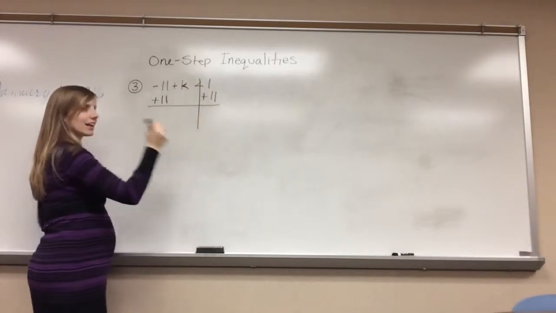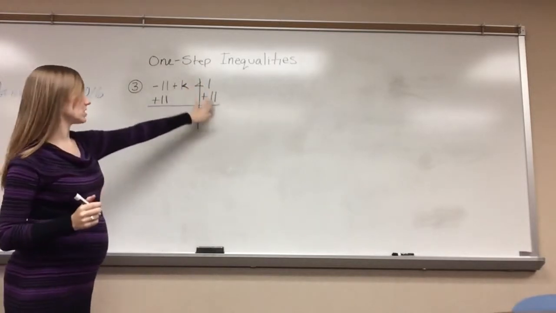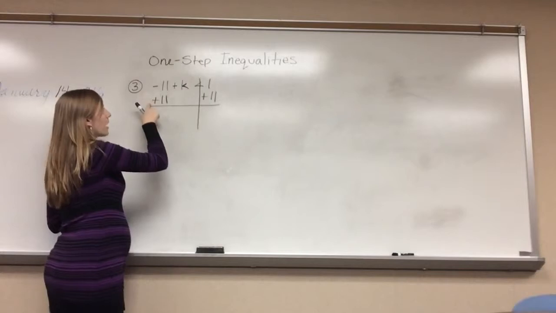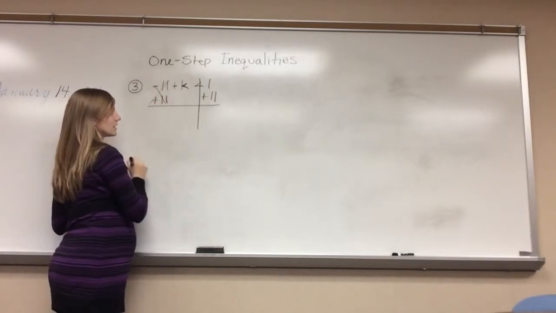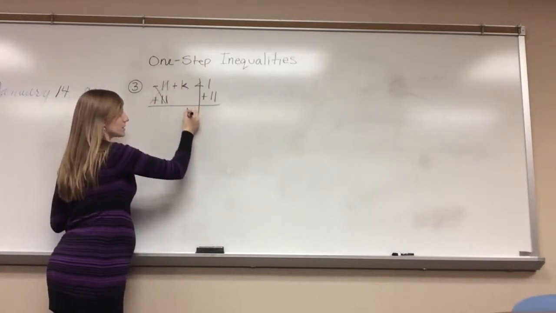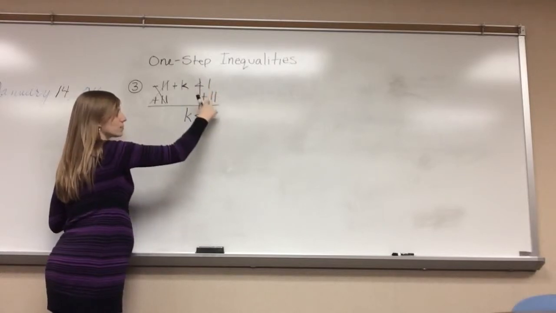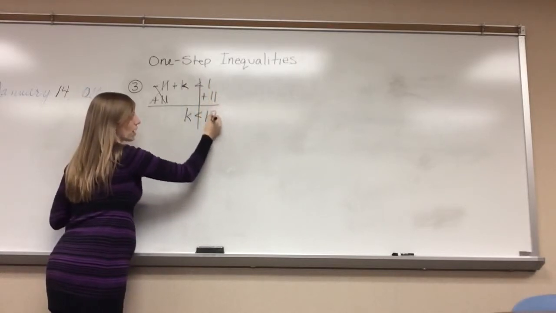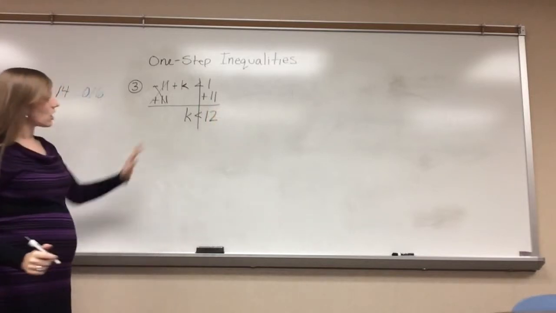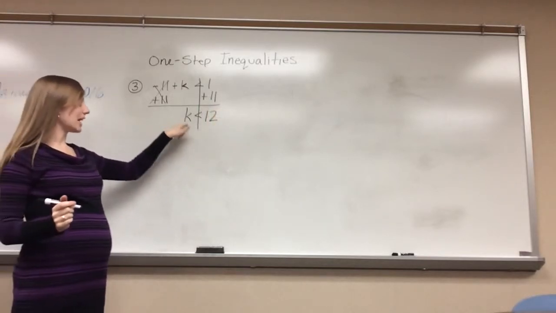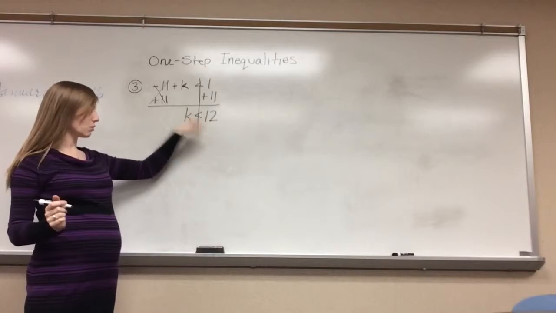Which is why I draw that line so I don't forget. I need one on each side. Negative 11, positive 11 cancel to be 0. The k comes down, inequality sign comes down. 1 plus 11 is 12. So my inequality is telling me that k must be less than 12.